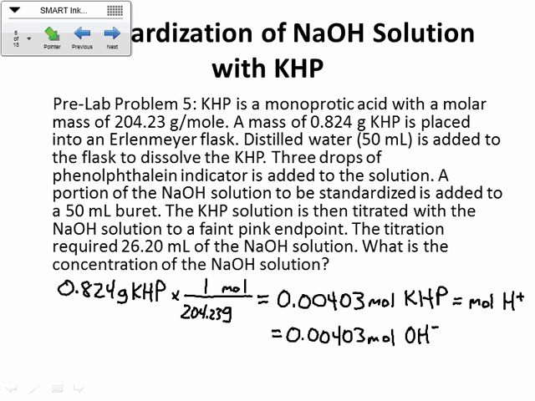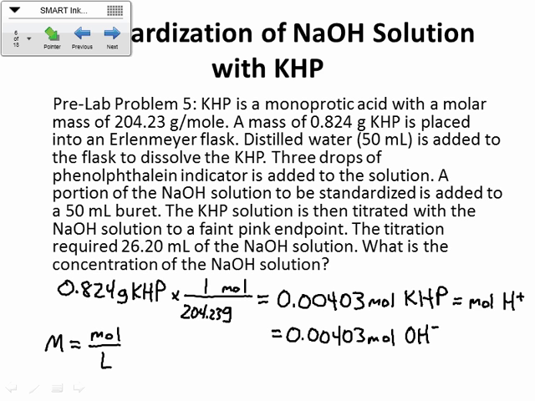Okay, now this doesn't seem so bad anymore, because we can just use our molarity equals moles over liters equation. If we know the number of moles of OH- we have, and we know how many liters of the NaOH solution we added, then we should be able to figure out the original concentration of the solution.